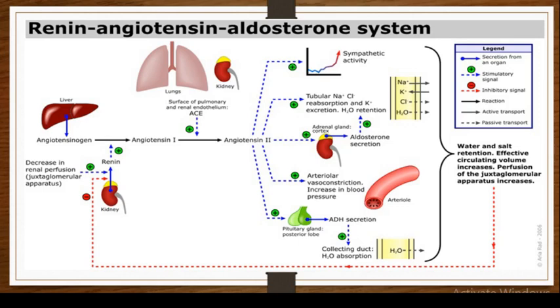Yet, angiotensin 2 will act again on the posterior pituitary gland and cause the release of antidiuretic hormone. This antidiuretic hormone, as the name implies, will act on the collecting duct and prevent water from being excreted, and so water will further be reabsorbed back into circulation, thereby increasing the circulatory volume and the cardiac output.